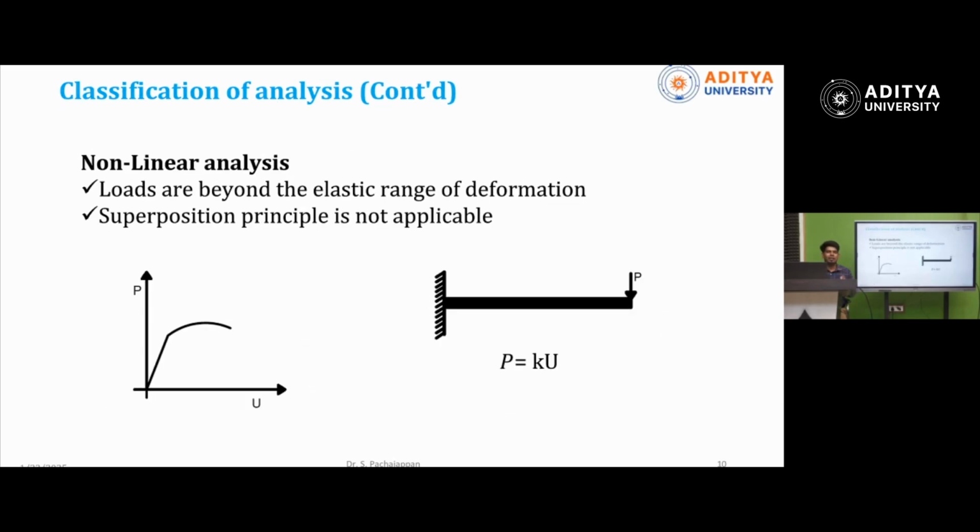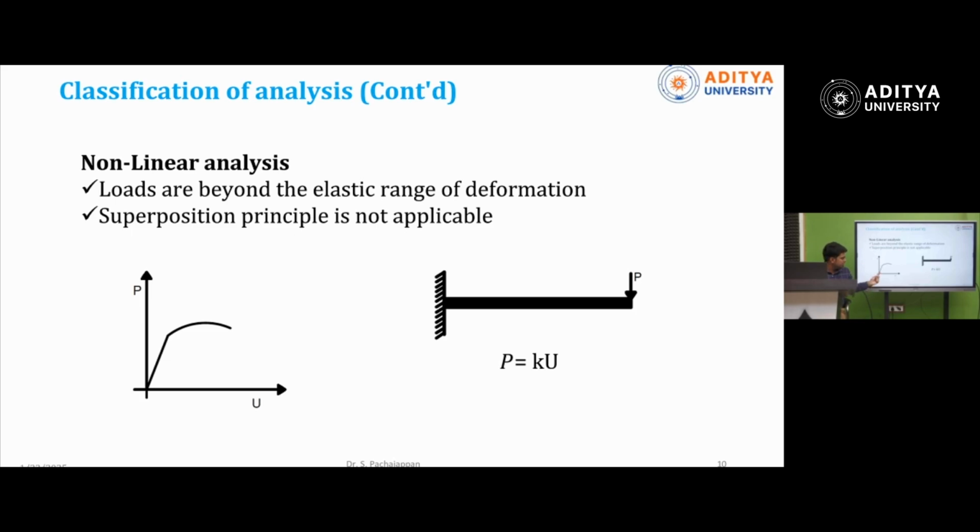Coming to nonlinear analysis. In general, we are not usually suggested to design any structure for an elastic criteria, because all the structures will behave nonlinearly only. It attains the material nonlinearity. So loads are beyond the elastic range of deformation here, and the superposition principle is not applicable.